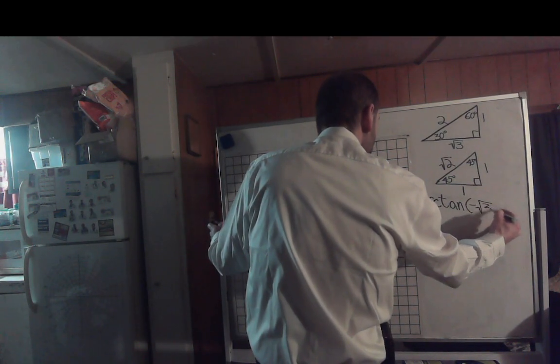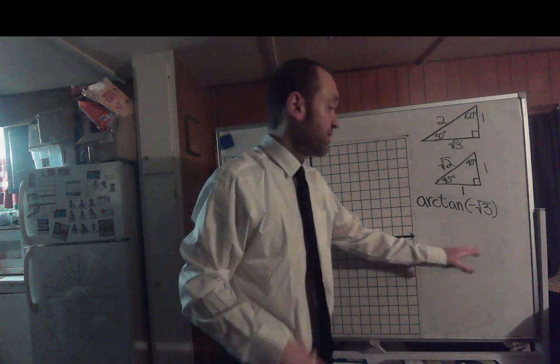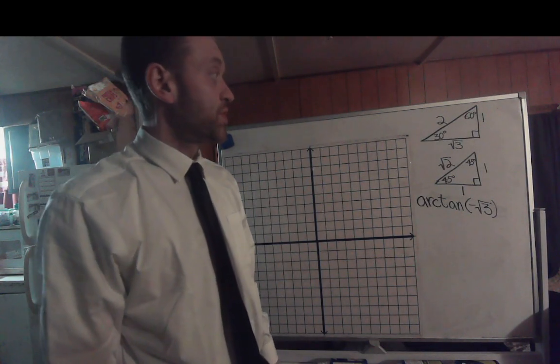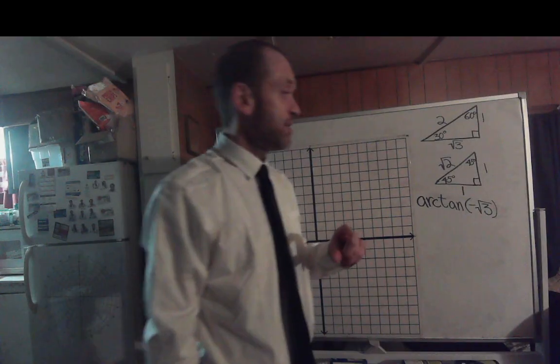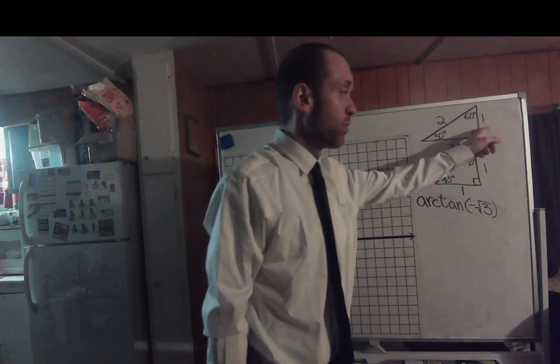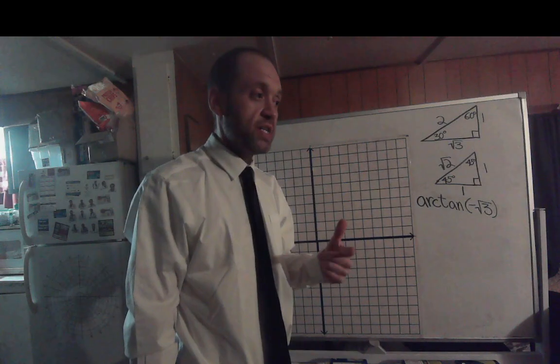Arctangent of the negative square root of 3. So we're taking the arctangent of the negative square root of 3. If you look at your 30, 60, 90 right triangle, we know the tangent of 60 is the square root of 3 over 1, which is just the square root of 3. But think of the range of your arctangent function.